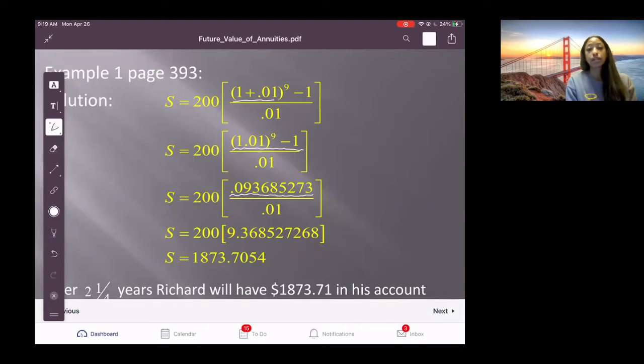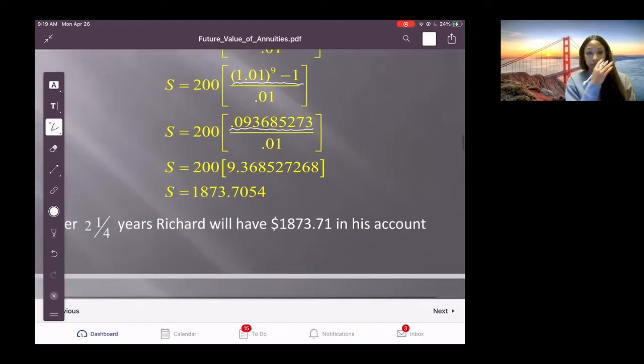Okay, then we're going to divide this by I. 0.093685273 divided by 0.01 is 9.36852728. And then last step, multiply the term in the brackets by R, which was 200. And this gives us $1,873, and we're going to round to the nearest cent, so 71 cents.